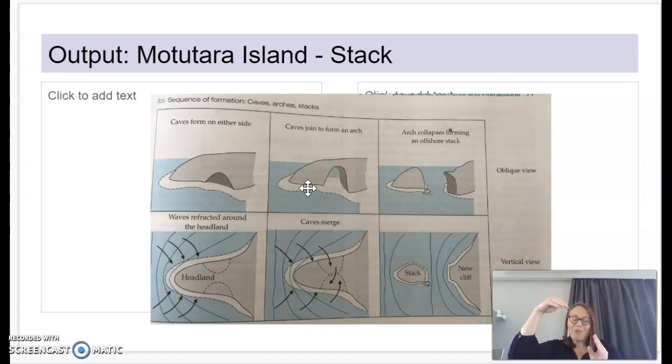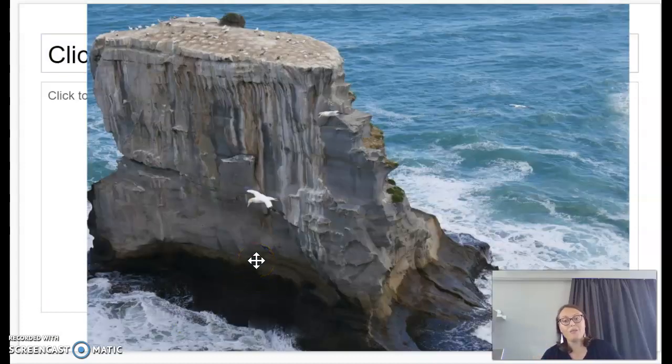All right, so we've got the plants' roots growing down and weakening the structure from the top, and burrowing animals, as the roots are trying to go down to get more moisture as plants grow, weakening the structure even further. So eventually, over time, what happens is it gets so heavy it collapses, and we have what we see now, the stack, Motutata Island. Key point here is Motutata Island actually became an independent stack away from the headland 20,000 years ago.